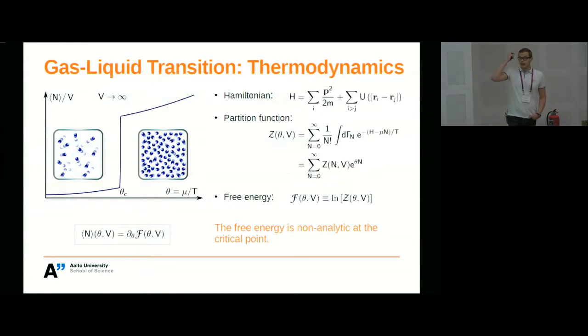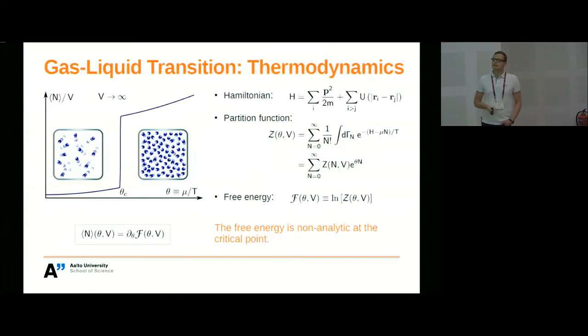How is that explained now in statistical physics? Well, everything starts with a Hamiltonian, as always. Here we have interacting gas particles, a kinetic term, and some interaction energy. And then we have a grand canonical partition function for this system, which essentially looks like this. So this is a classical system.